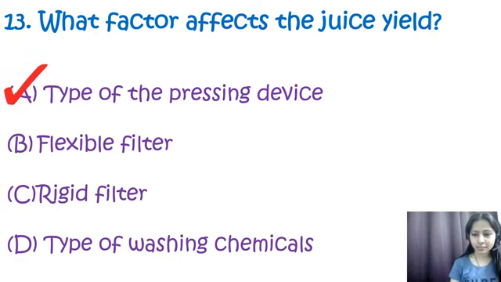The juice yield in fruit processing also depends on other factors, like the extraction temperature and time, the degree of crushing of the raw material, the concentration differences, or the current velocity in which the process is being done. And it also depends on the pressing device. So over here the appropriate answer is A, the pressing device. Other factors are also important, but over here option A is correct.